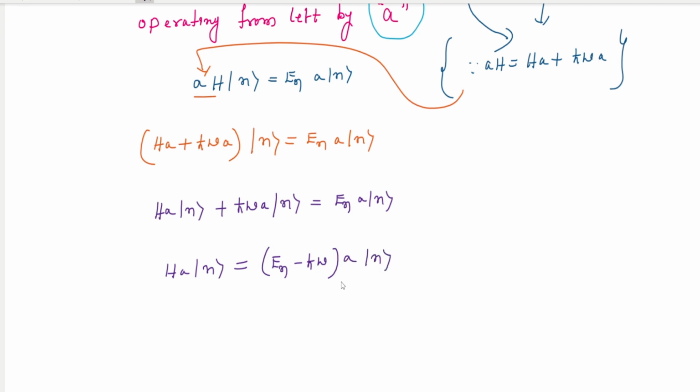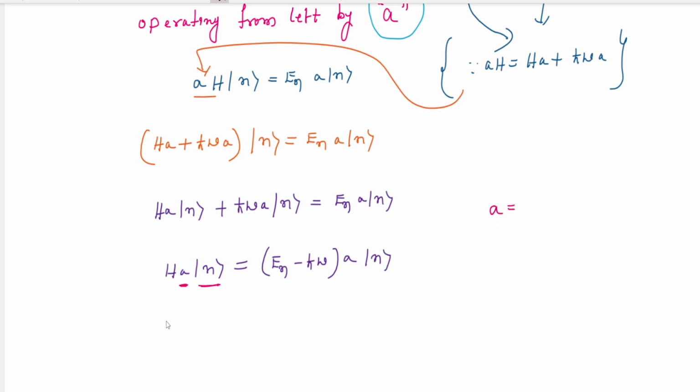So what we observe here is, in case you apply operator A on this quantum state, the energy will decrease by h cross omega, right? This is the lowering operator. A is the lowering operator.